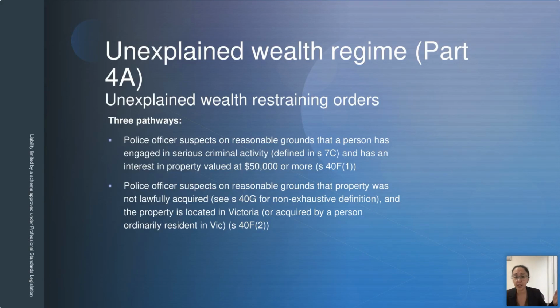Like I said, it might include documents concerning contracts of sale obtained from conveyancers or whoever, financial documents, bank statements, all of that collated, and then an expert opinion provided by an accountant about whether or not the property is lawfully acquired. And lawfully acquired has a specific definition, a non-exhaustive definition in Section 40G.